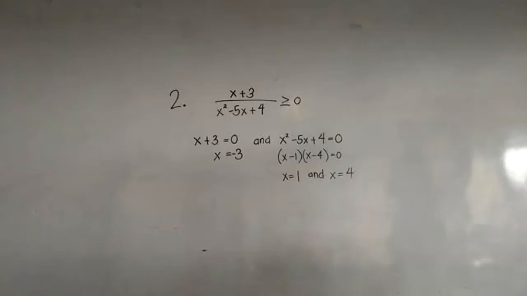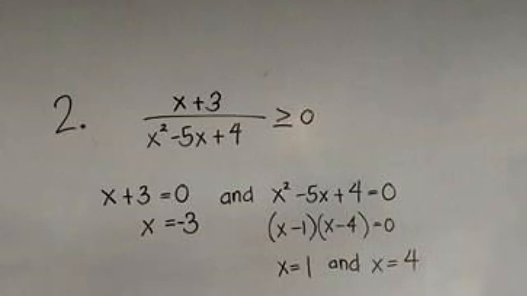Example number 2. X plus 3 all over x squared minus 5x plus 4 is greater than or equal to 0. Find the key or the critical values. Set the numerator and the denominator of the fraction equal to 0 and solve.